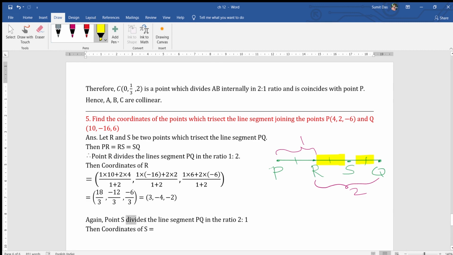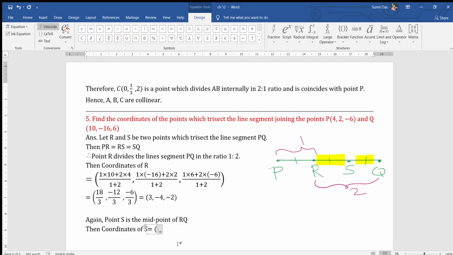Point S is the midpoint of RQ, and obviously as I told, you can use the 2:1 also. Okay, same thing but 2:1, but I prefer this as it is easier. Because whenever possible, midpoint is less calculation, because it is x1 plus x2 divided by 2. Okay, midpoint. So the coordinate of S will be x1 plus x2.